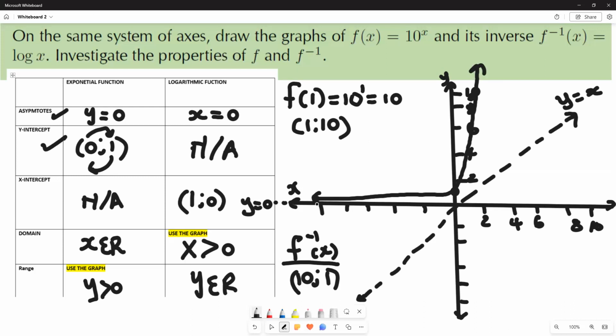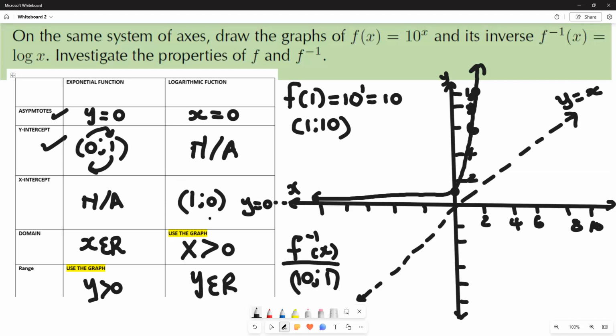That's my exponential. Guys, pardon my shape because I'm using a mouse. It's not going to be that nice a curve. But because you are using your rulers and a nicely spaced Cartesian plane, your curve should be extremely nice, right? Perfect. And now let's do the other one.